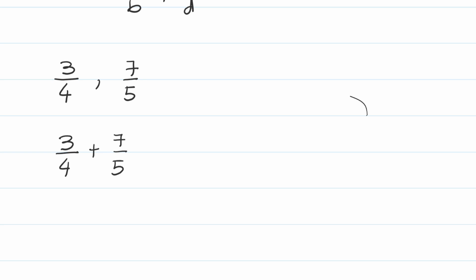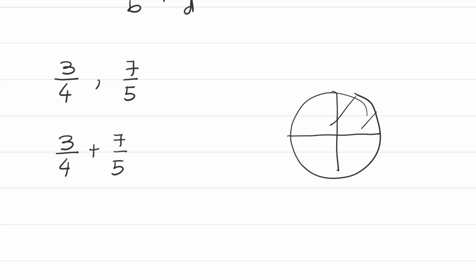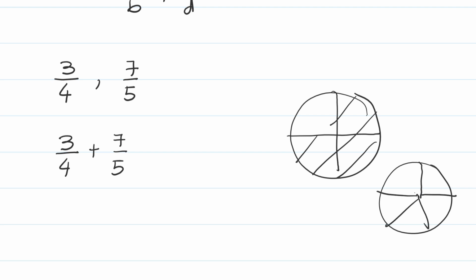Meaning of 3 by 4 is, when a whole thing is divided into 4 equal parts, then 3 parts is 3 by 4. Now we cannot geometrically add 3 by 4 and 7 by 5 because in the first case we are dividing the whole thing in 4 equal parts, whereas in the second case we are dividing the whole thing in 5 equal parts.